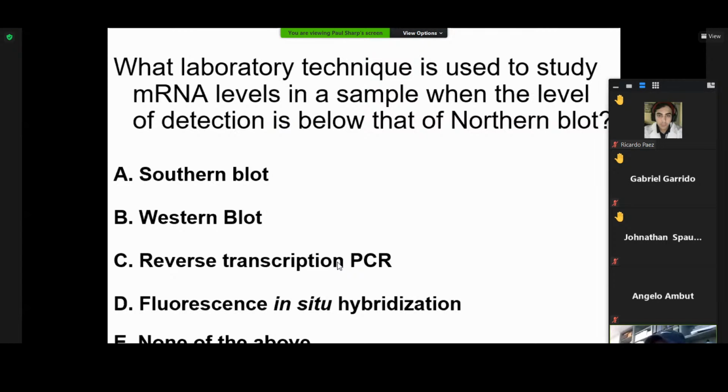Then you can look at the bands on the gel once you run it out. The larger the band, the larger the amount of starting material, the larger the amount of cDNA you had, which directly corresponds to how much mRNA you started out with. Okay, let's move on to the next slide.